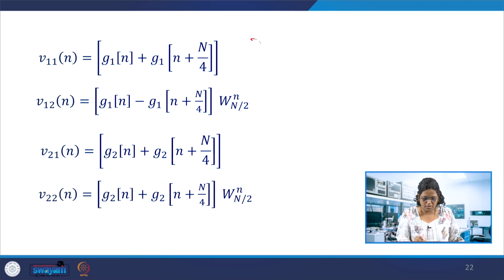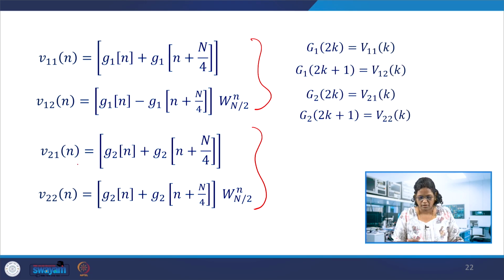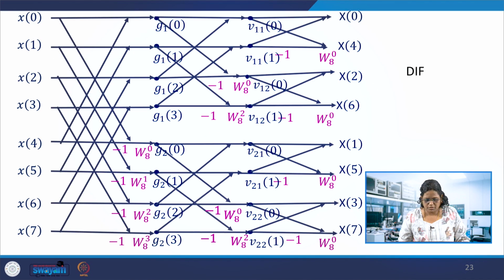So we get the next set, going for V11, V12, V21, V22. These are now named as DFT of V11[n], DFT of V12[n], DFT of V21, and DFT of V22[k]. From this, the final one comes into picture, so the 2-point DFT is V1[0], V1[1].